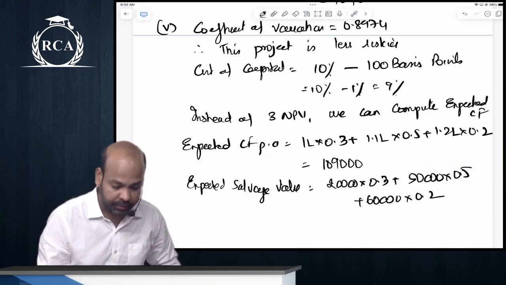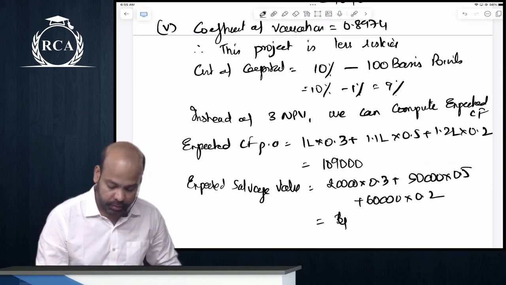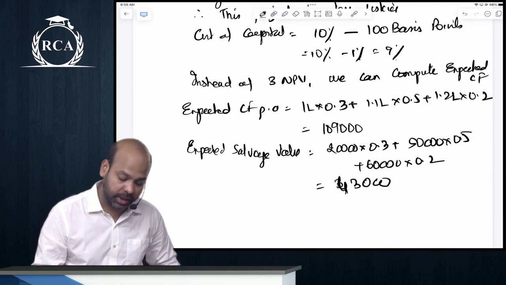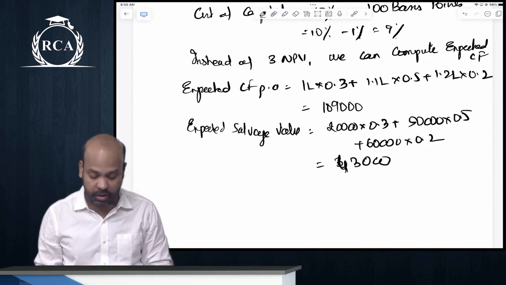How much is that, guys? 43,000. You know your expected cash flow per annum. You know your expected salvage value, guys.